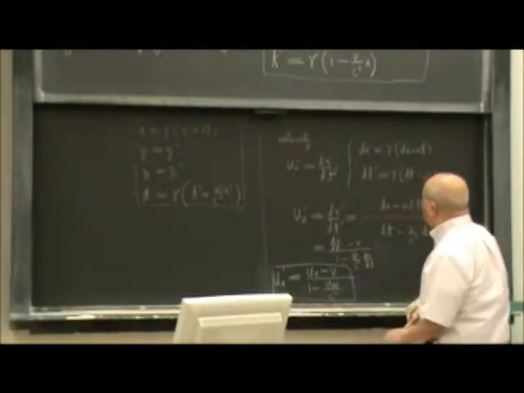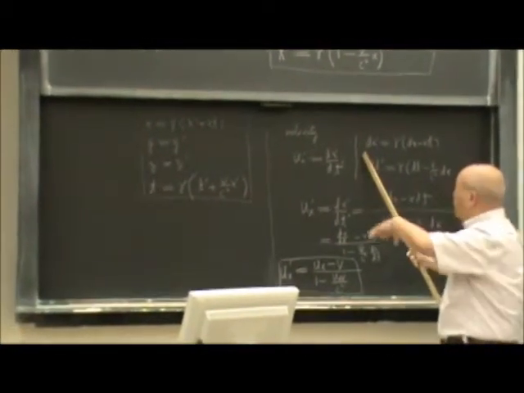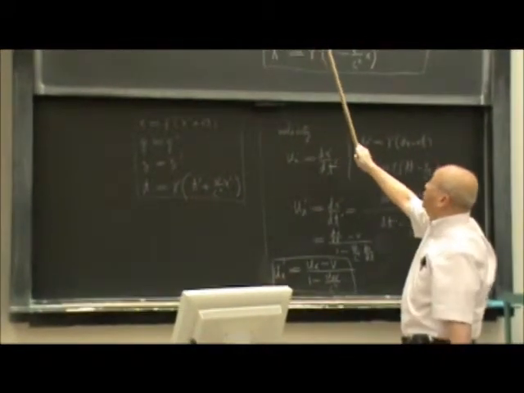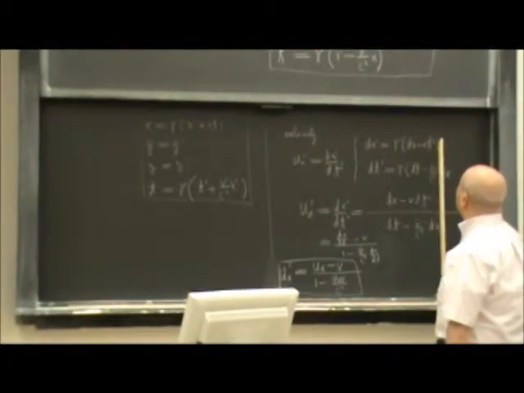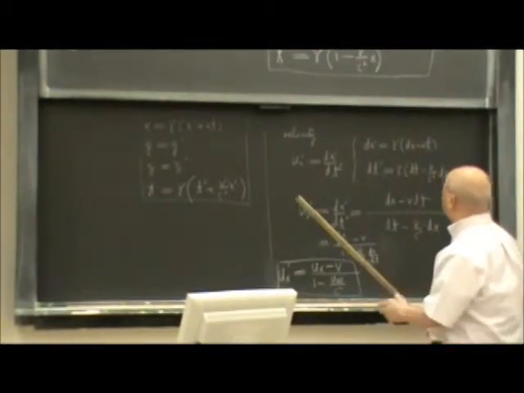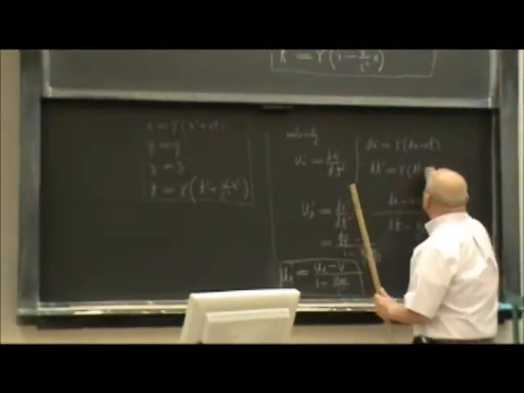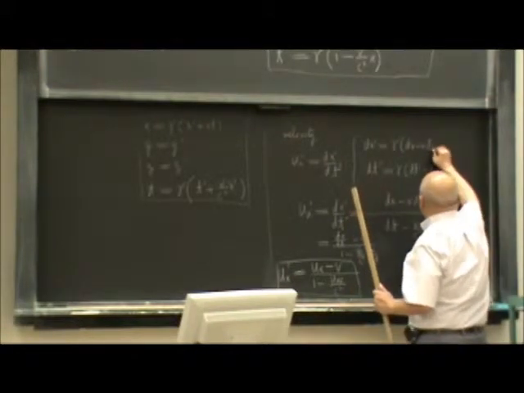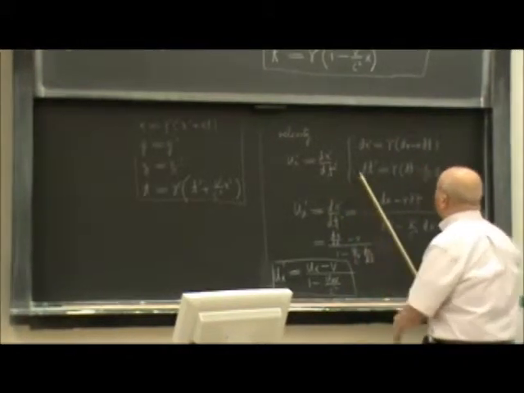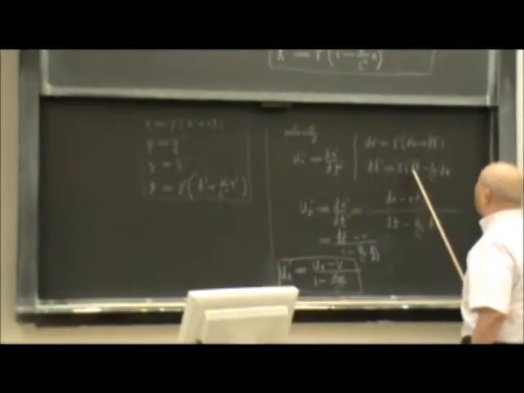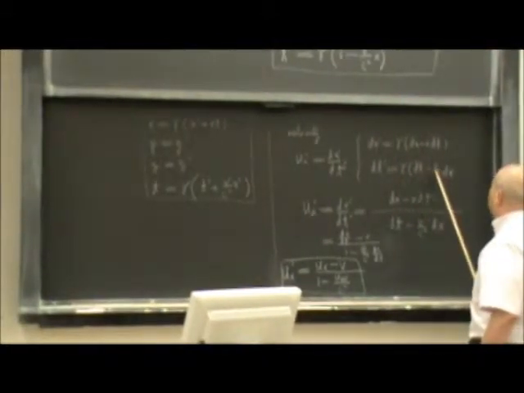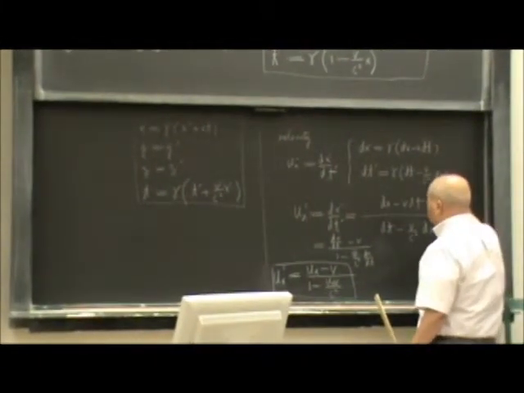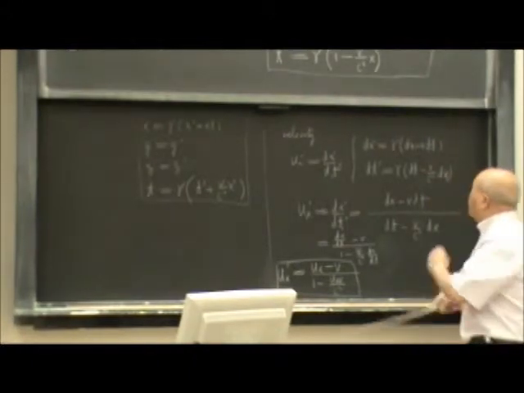From the Lorentz equation, dx prime equals gamma times (dx minus v dt), and dt prime is gamma times (dt minus v over c squared times dx).